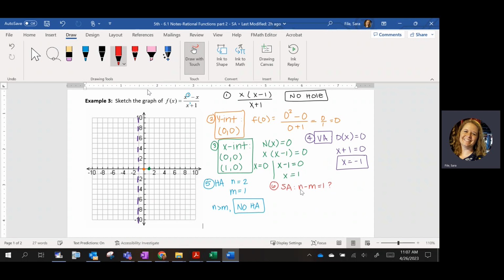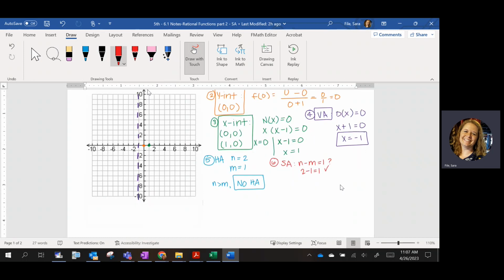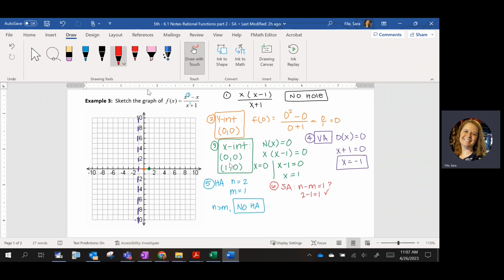Is the numerator's degree 1 higher than the denominator's degree? And in this case, it is. 2 minus 1 is 1. This is 1 higher than m. So we do have this here that does equal 1. So I know there is a slant asymptote. Now to find out what the slant asymptote is so that I can draw it, what should I do?